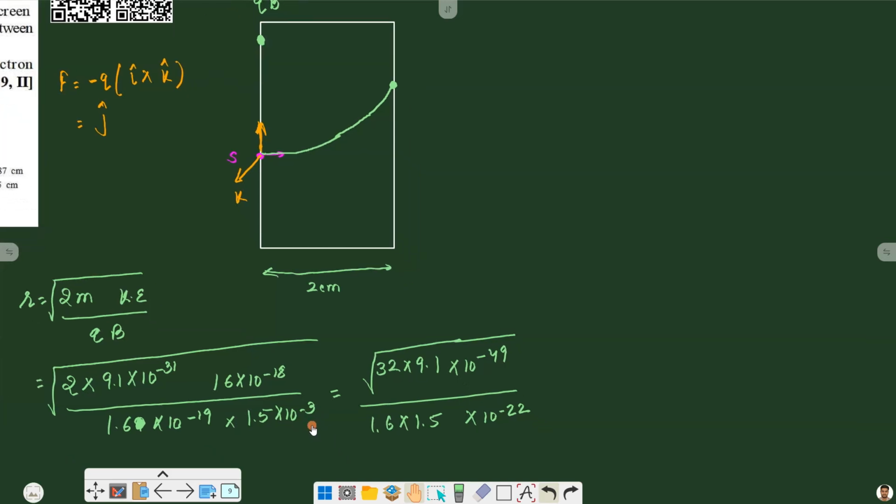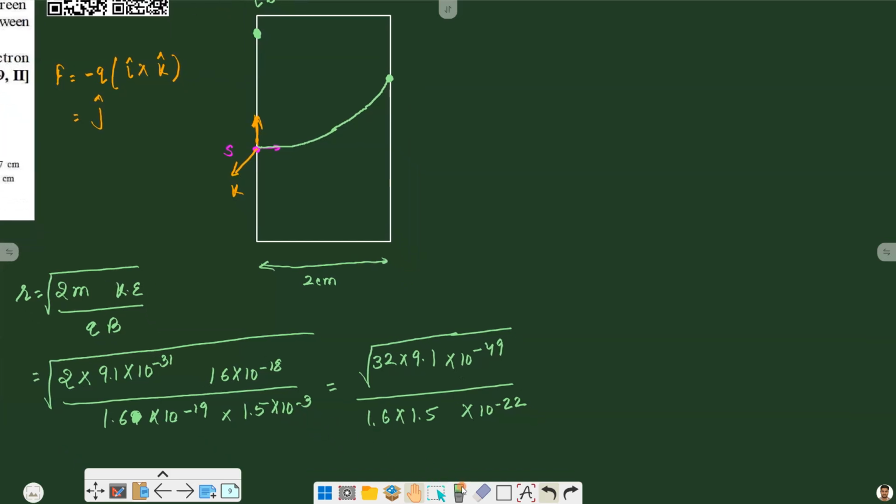Further we can make it like 32 into 91, adjusting one more power, and this will become 10 raised to power 50, and the root of 10 raised to power 50 is 10 raised to power 25, and from here it is negative, and from here we will have plus 22 and divided by 1.6 into 1.5.